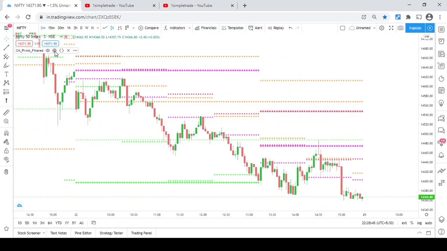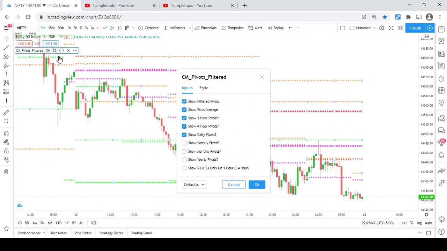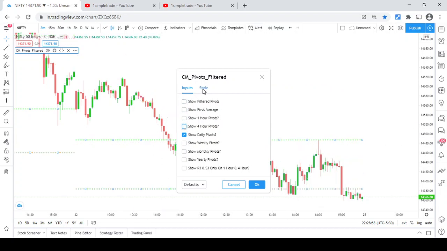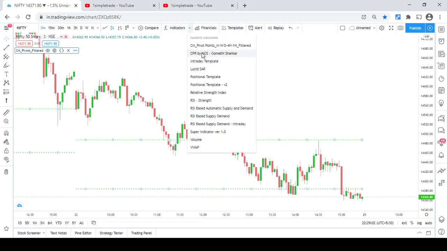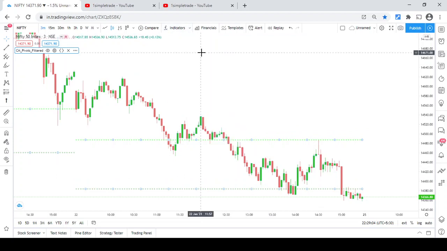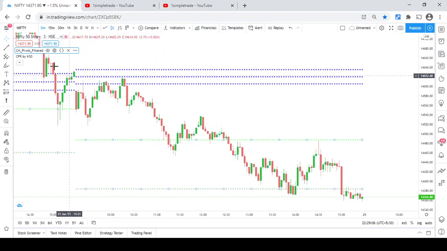The indicator can be any which you want to use, but try to use only one or maybe two indicators at max. Anything more than that is really overkill and is not required.